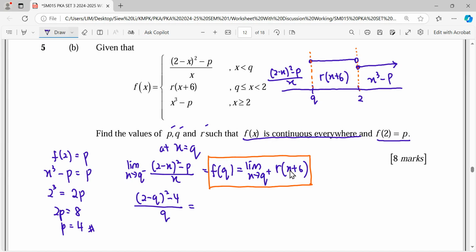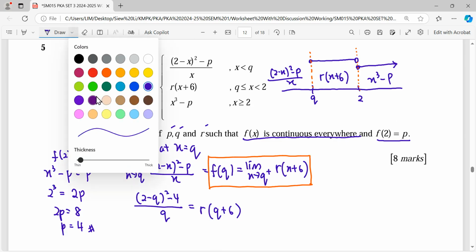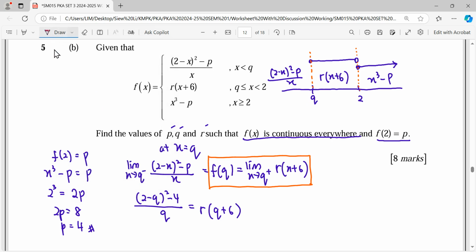And in this one, put in your q, r q plus 6. Okay, we leave it like this first because R we don't know, Q we don't know. We can't simplify yet. There is one more piece of information not used yet. It happens at X equals to 2.